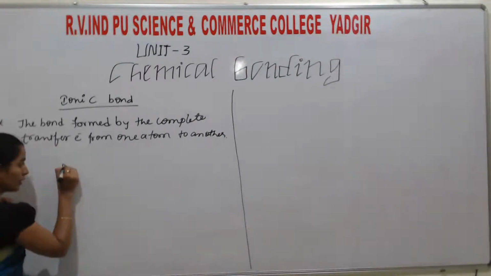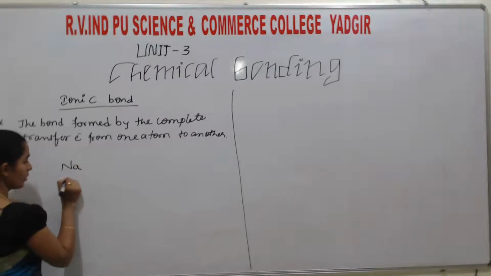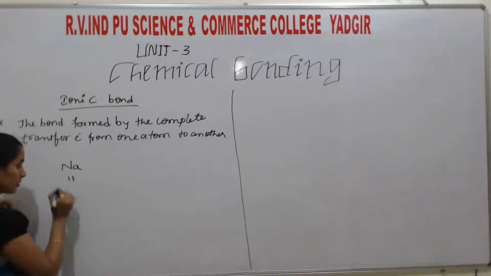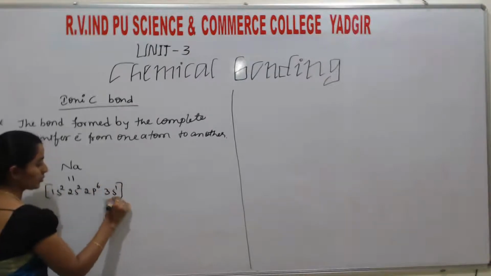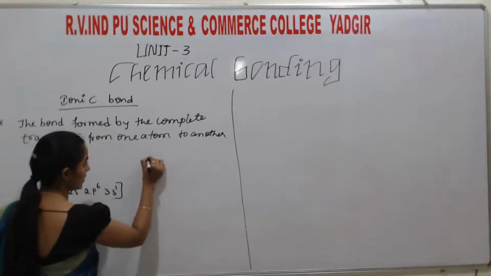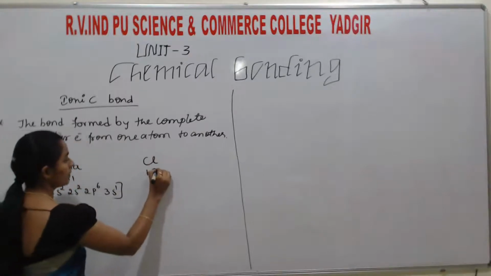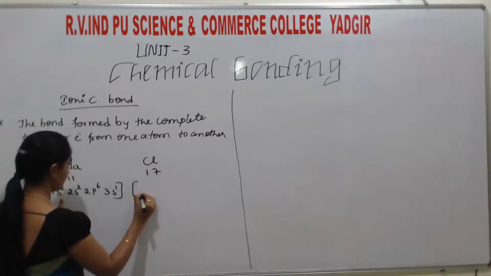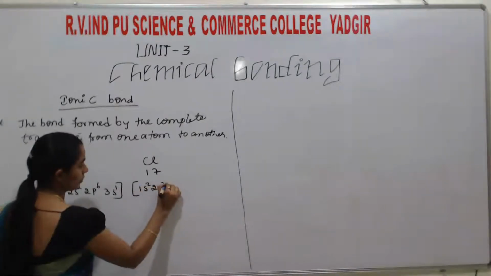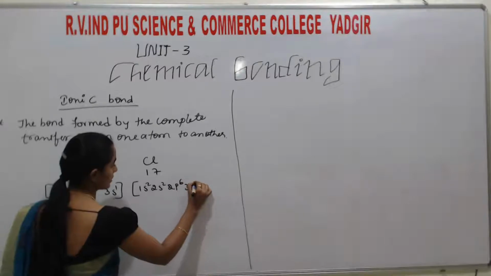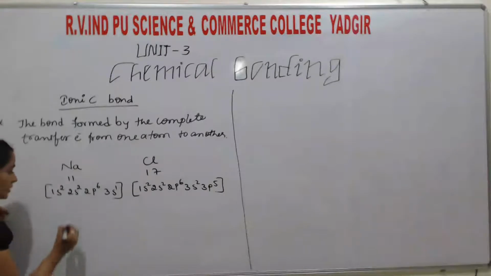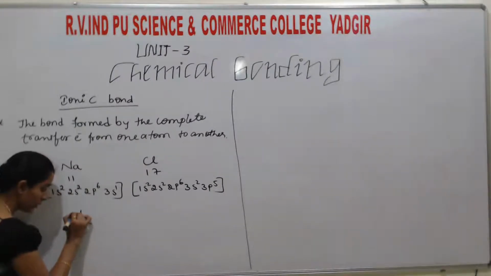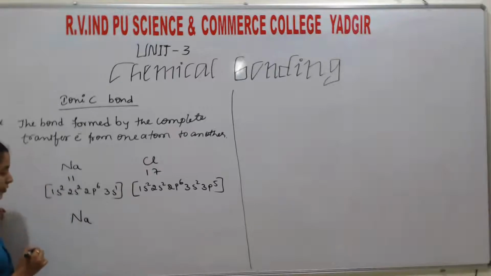So listen, sodium is there with atomic number 11. So its electronic configuration is 1s2, 2s2, 2p6, 3s1. Correct? Next, Cl is there. Its atomic number is 17. Then here 1s2, 2s2, 2p6, 3s2, 3p5. So here what happens, if you write the Lewis symbol for this.